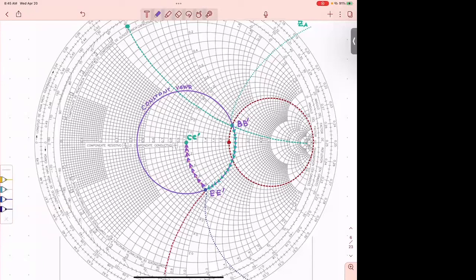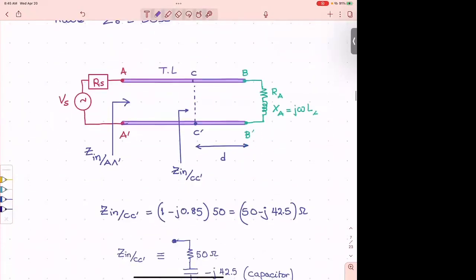If I have a load and I move half a wavelength, if say D were to be half a wavelength, this input impedance would have been identical with this. Everything repeats. Every half a wavelength, all of the input impedance is repeated.